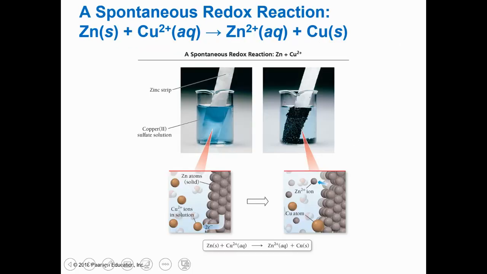All right, so just remember a spontaneous reaction is one that happens on its own. In this example, we have zinc and copper. So the copper solution is going to be plated onto that zinc metal, and the zinc's going to come off.